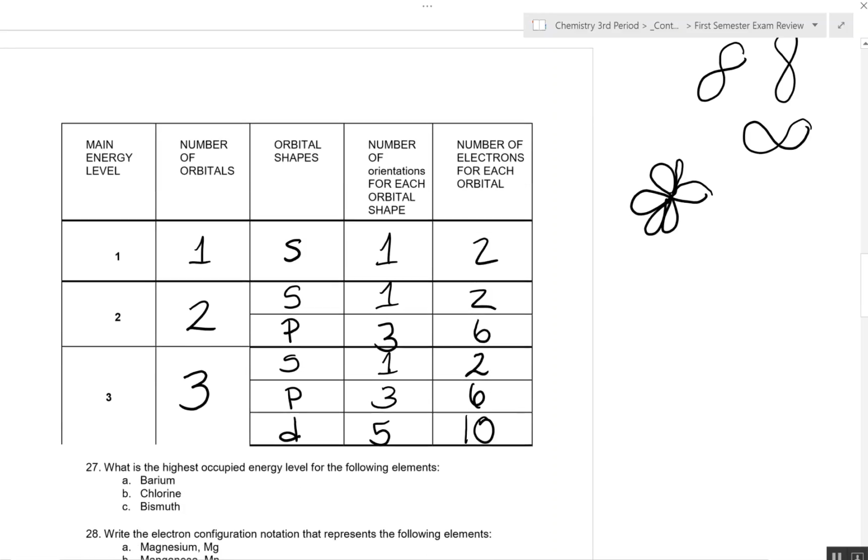Anybody remember how many F holds? You're close. Count the bottom row. Leaving off the lanthanides, 14. So how many shapes? 7.